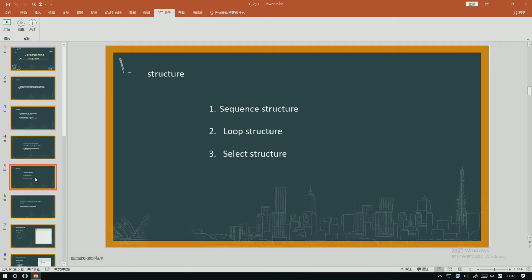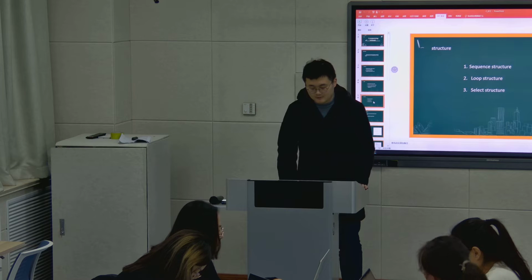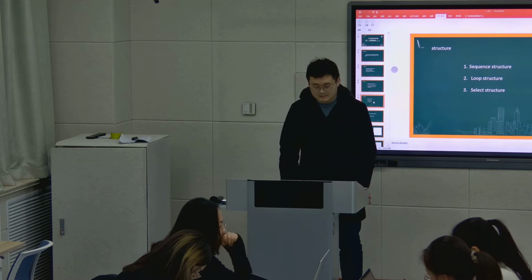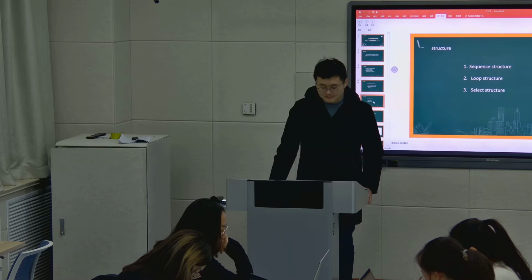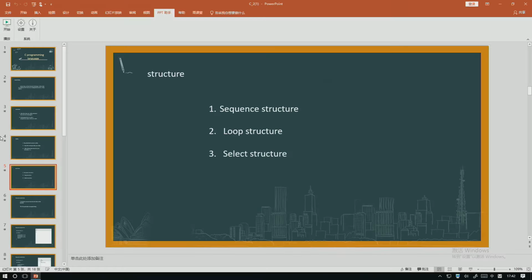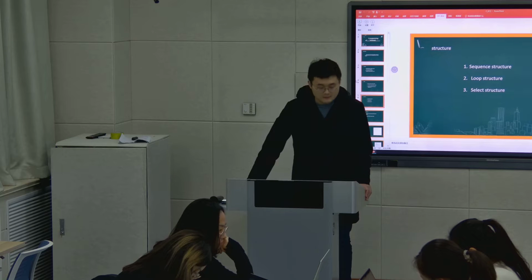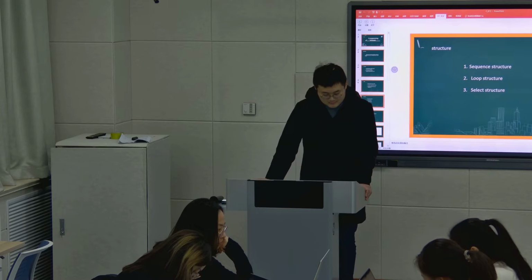So this is the structure of this class. At first, we learn what a sequence structure is, then we learn the loop structure, and last we learn the select structure. So let's start.